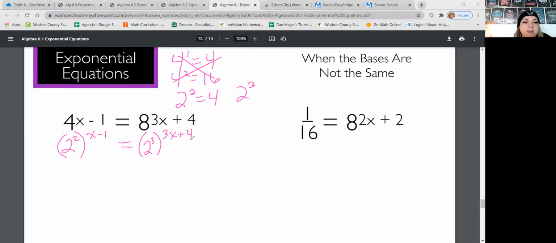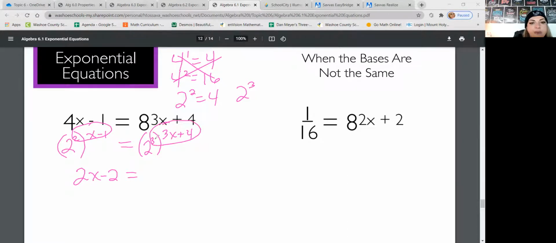Now that we have the same base numbers, we can perform the power of a power property to find out what the exponent expression is. We need to distribute the 2 times the x minus 1. So we're going to get 2x minus 2. We're just focusing now on these exponent pieces.